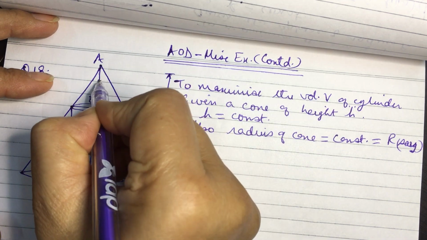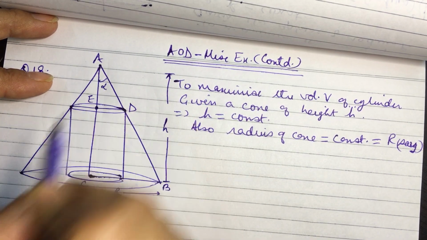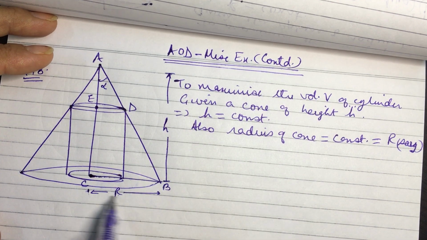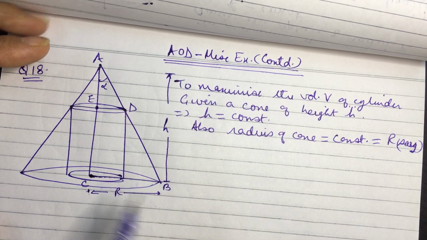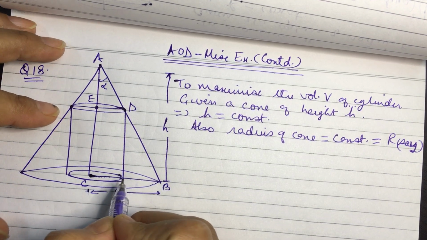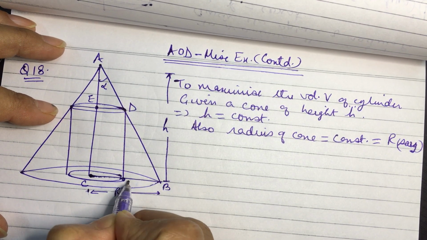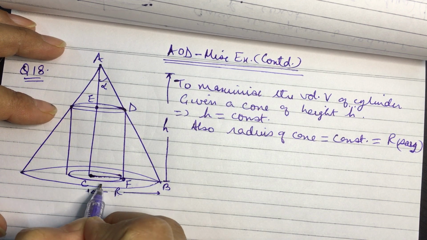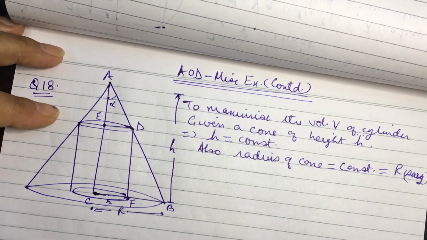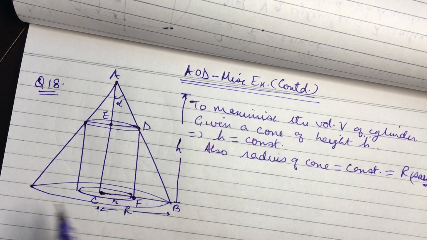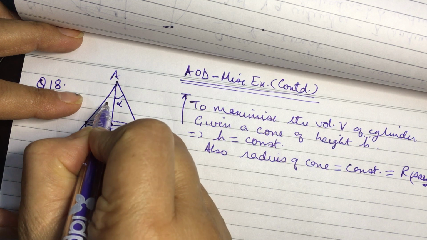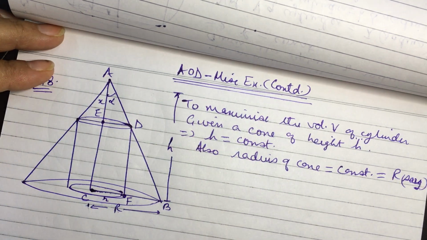Now we are given the semi-vertical angle is alpha. So the cone is given, so h is given to us, and r we are just taking from our side, because r will be fixed. Now let the radius of the cylinder be small r, and let us take this side AE as small x.